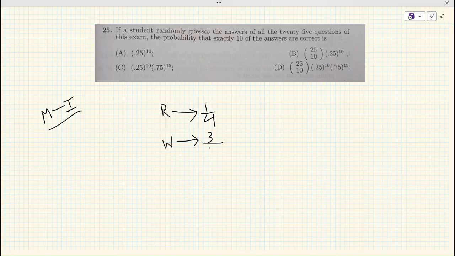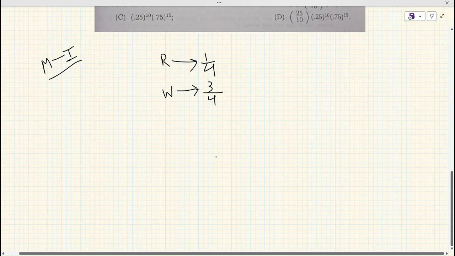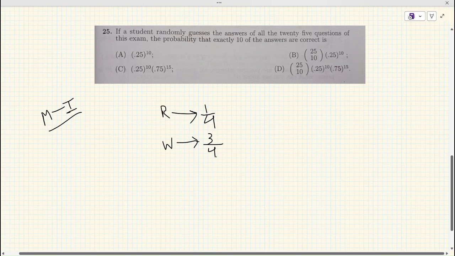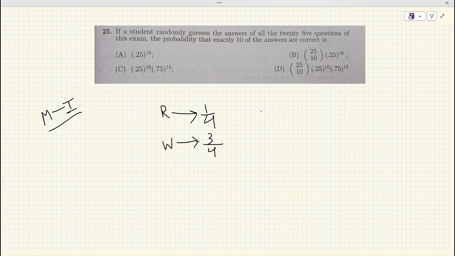Now, the second criterion is that trials must be independent. We can see the 25 trials are totally independent, so the second condition is also satisfied. For the third condition, the probability of success or failure remains the same from trial to trial.